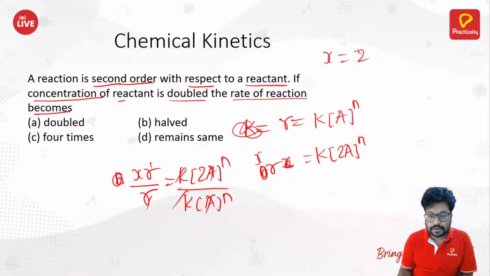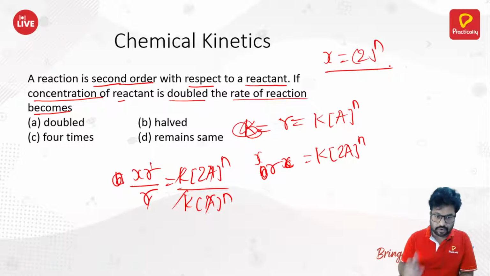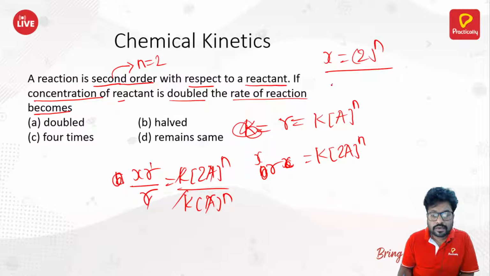X is equal to 2 raised to N, right? That is what we came to conclude. Now this reaction is second order. For second order, N is equal to 2. So x is equal to 2 raised to 2.